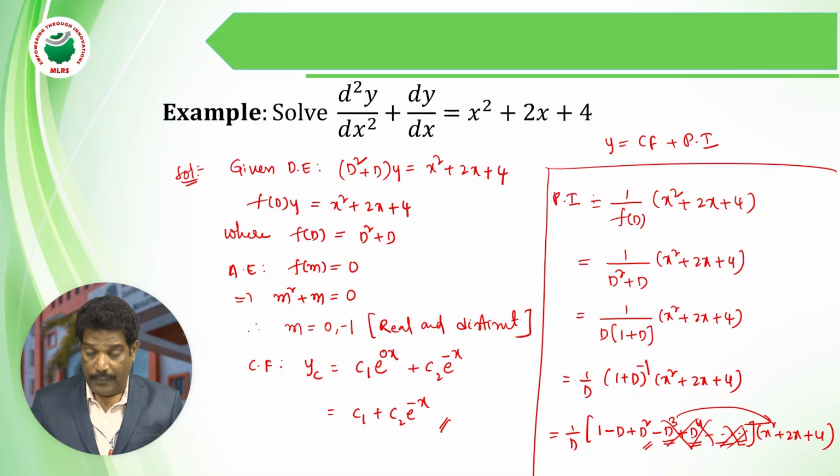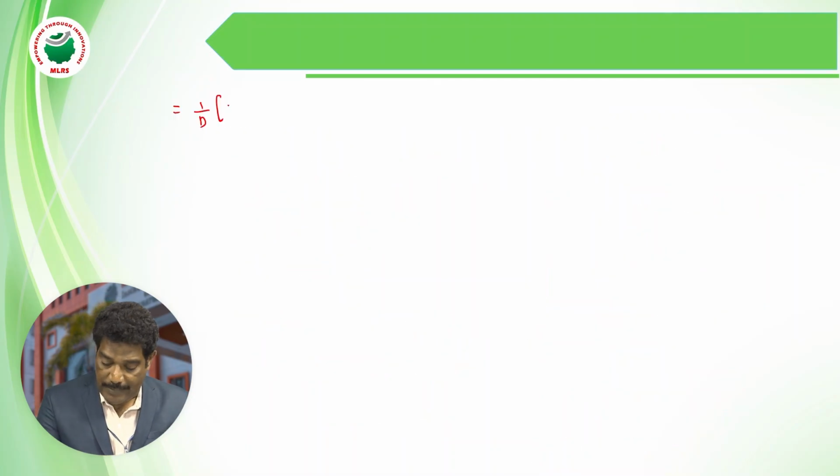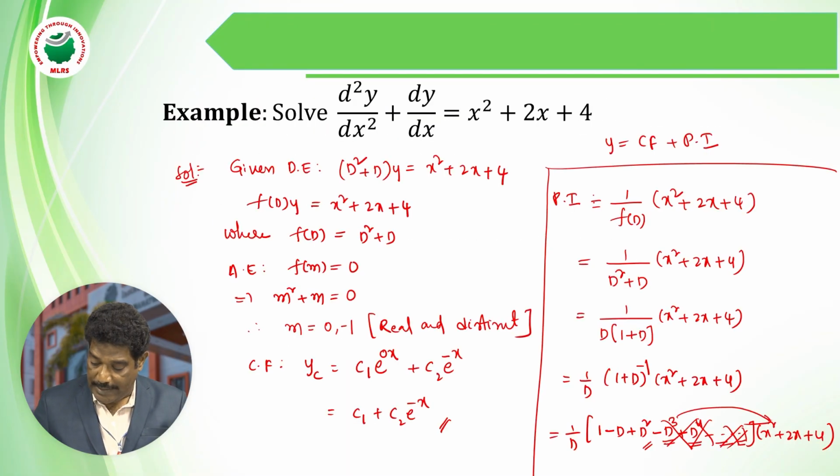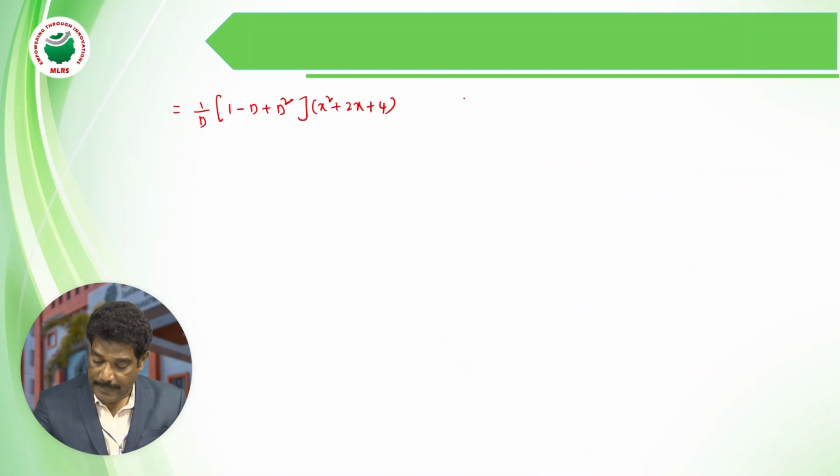So we deleted them. The remaining will be 1 minus D plus D square into x square plus 2x plus 4. Here why we deleted these terms? The reason is that D power n of x power m becomes 0 for n greater than m.